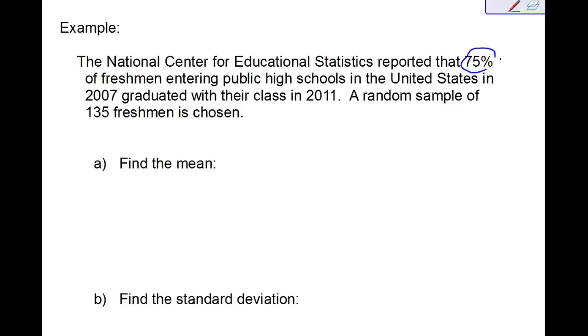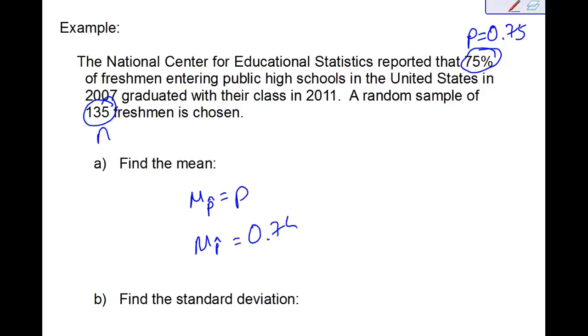So here is our proportion. So p is going to be 0.75, and our n is going to be 135. And we want to find the mean, which the mean for proportions is literally just the proportion itself.